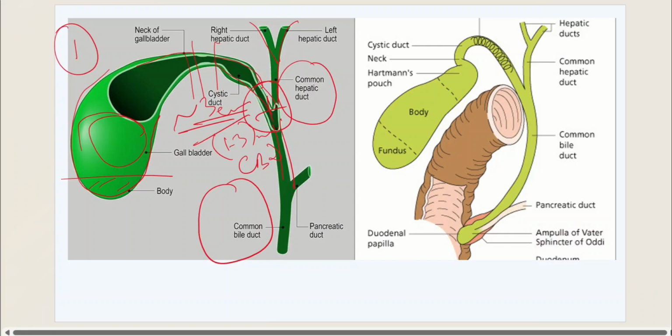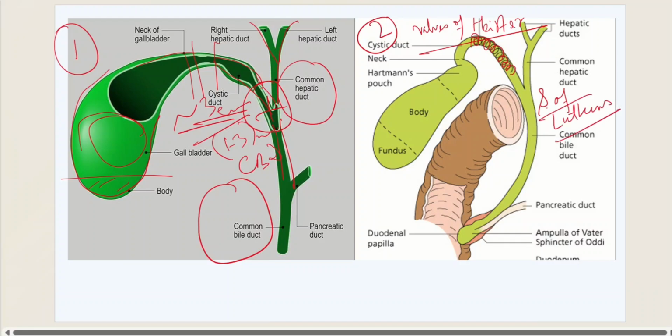Now the second diagram here, the same diagram, but you can see some spiral mucosal folds inside the cystic duct. These mucosal folds are called the valves of Heister. And then there is a sphincter in the cystic duct that is called the sphincter of Lutkens.